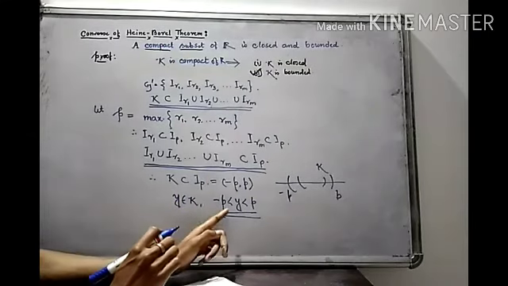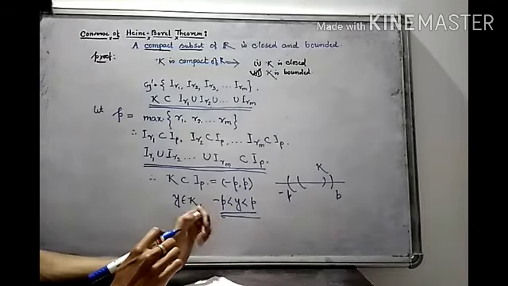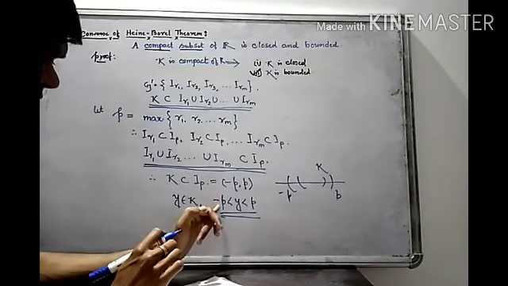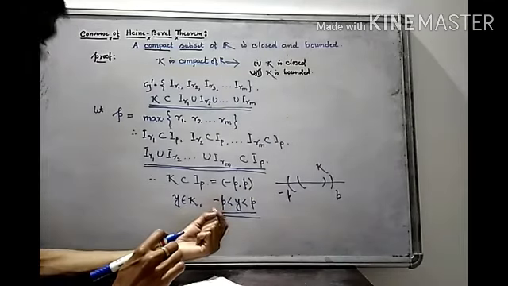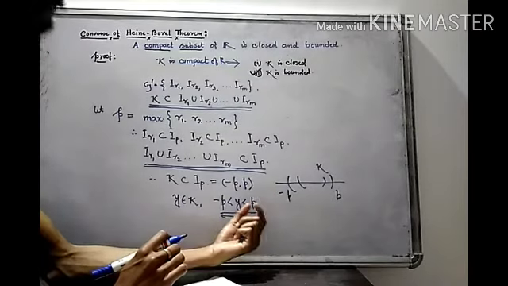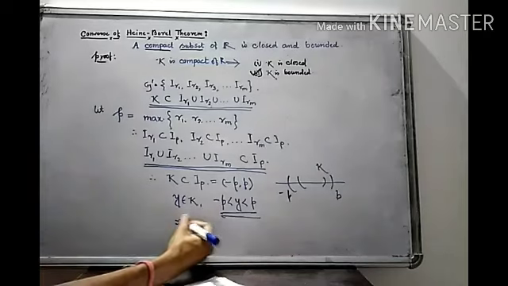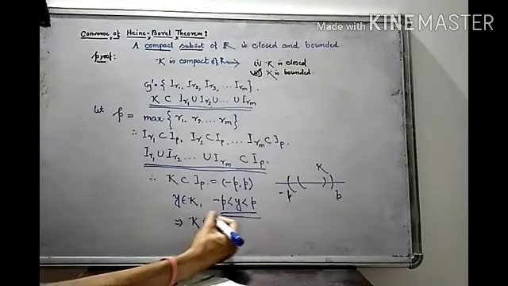Okay. Now if this happens, then definitely we can say minus P is a lower bound of K, and P is an upper bound of K. That means from here we can say K is bounded.